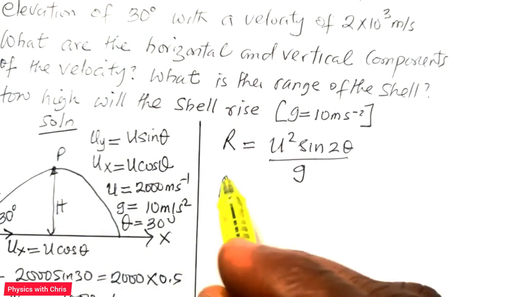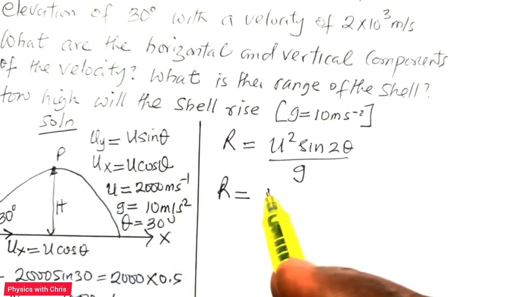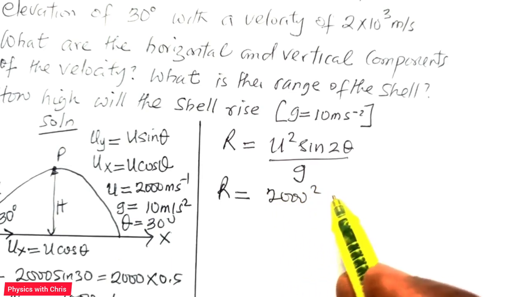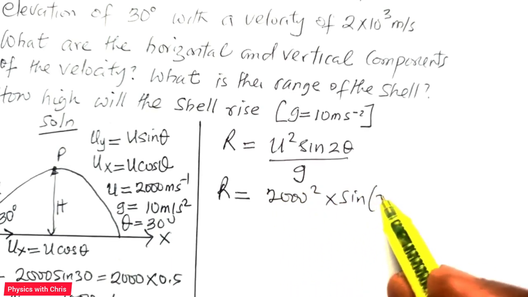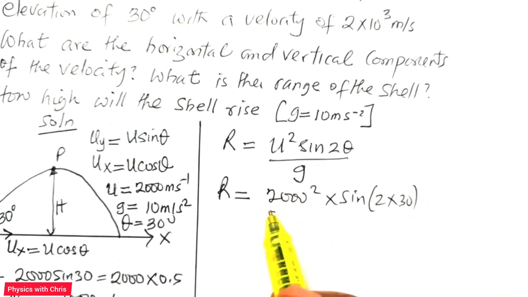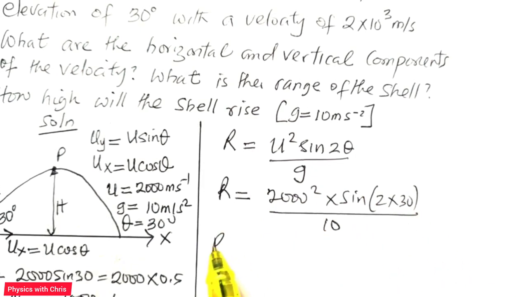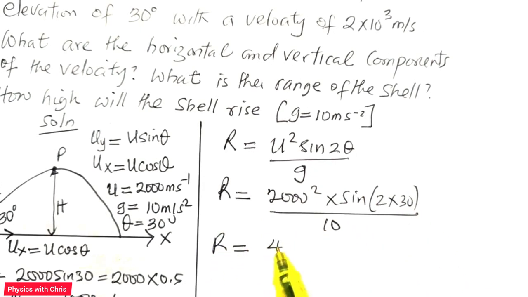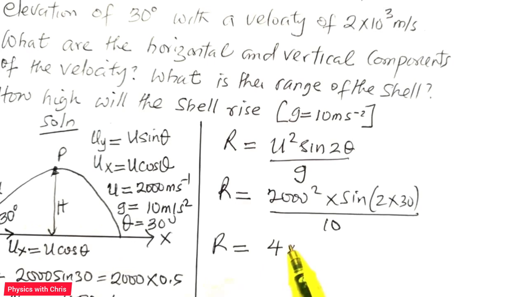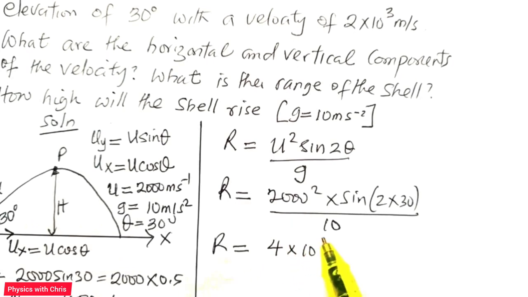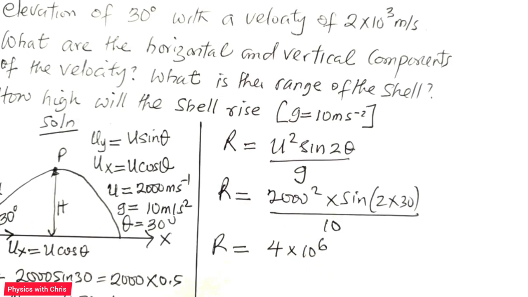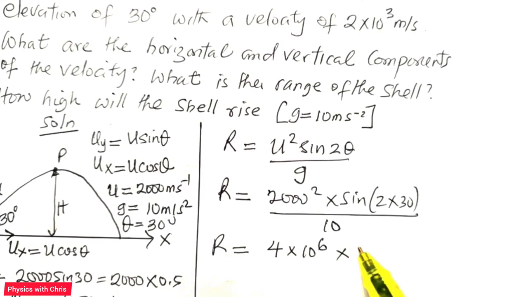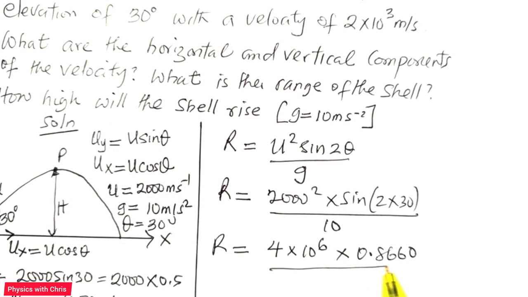So the range of the shell is 2000 squared times sin 2 times 30 divided by g, which is 10. That gives me the range as, 2000 squared is 4 million, in standard form 4 times 10 to the power 6, times sin 60, which is 0.8660, divided by 10.